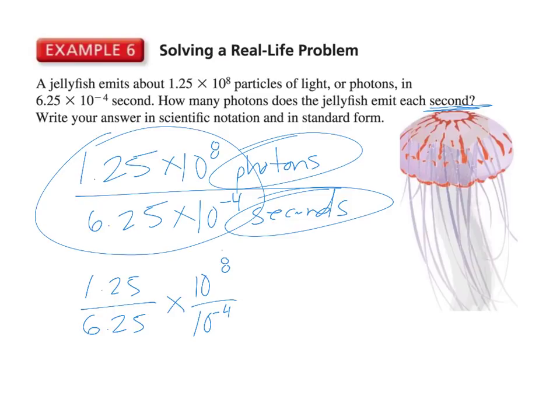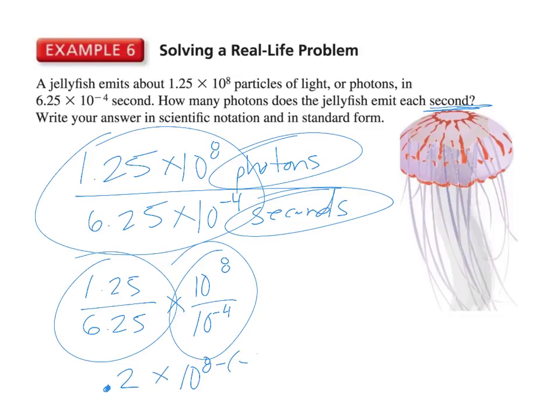And from this, I could apply the quotient property, and this I could just simplify. 1.25 divided by 6.25 is 0.2. Now I have times 10 to the 8 minus negative 4 power, which is 0.2 times 10 to the 12th power.